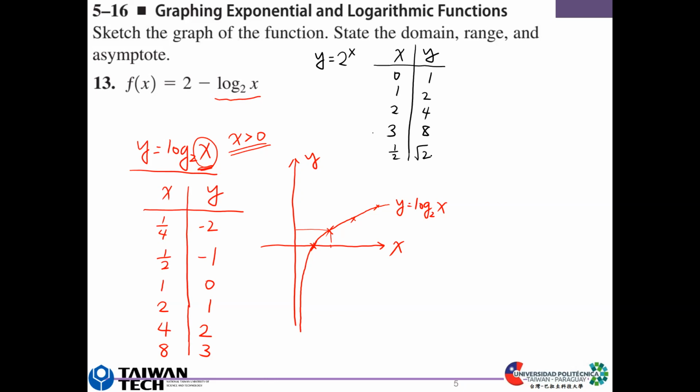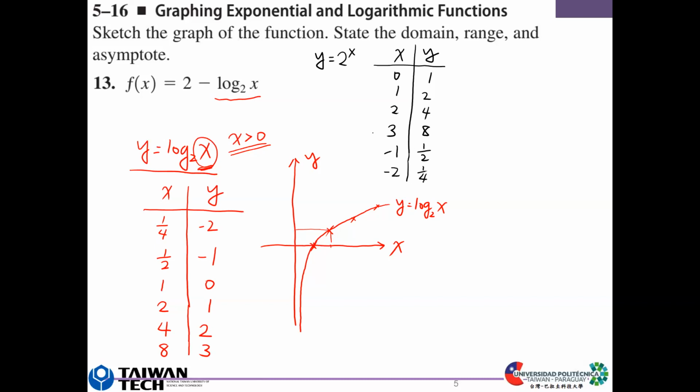No, this is not what I said. If x is -1, y is 1/2, and if x is -2, y is 1/4.